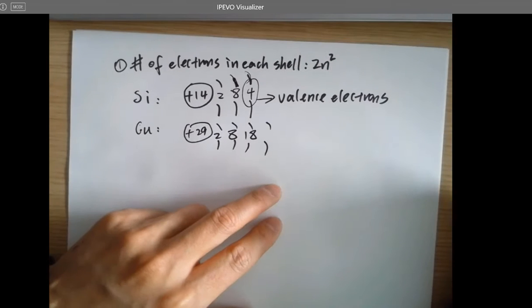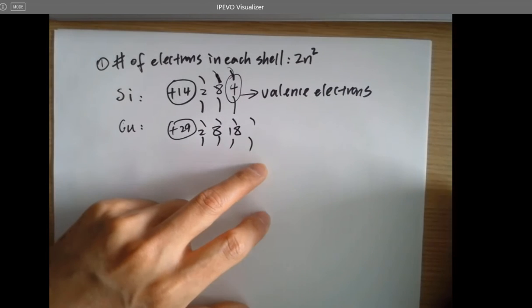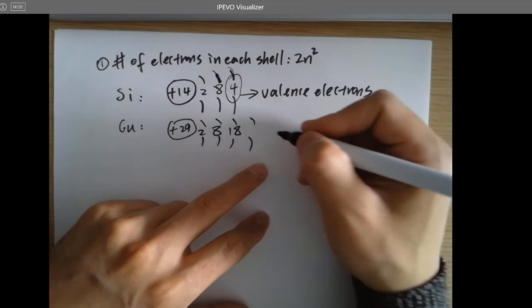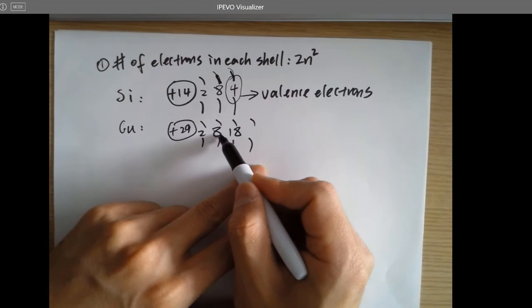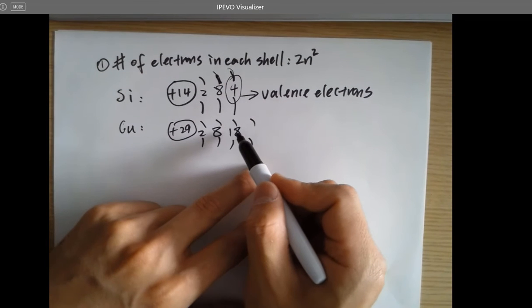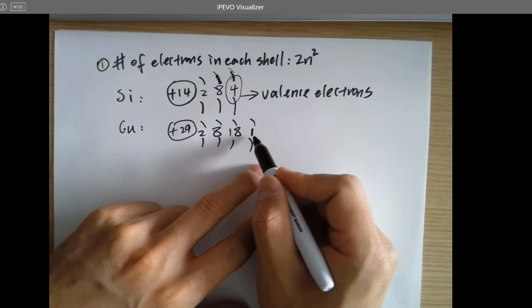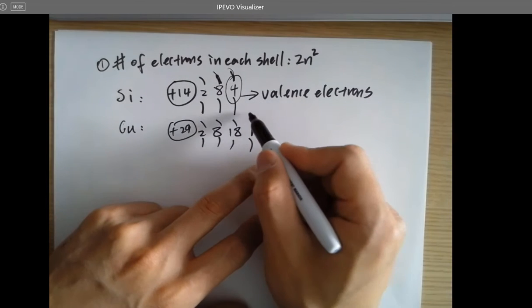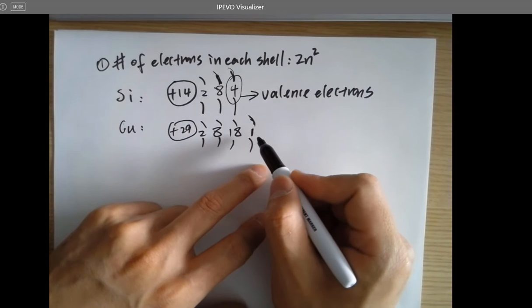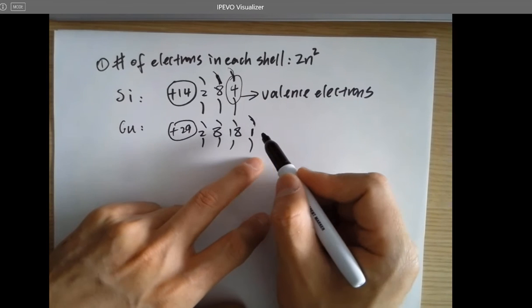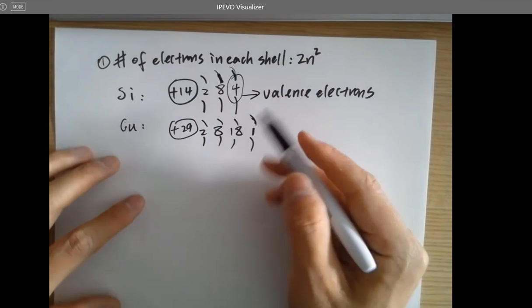What about the last one? Because 10 plus 18 will be 28, and it only has 1 left. So it only has 1 left as a valence electron, so it tends to lose it and becomes positively charged, right? So that's why it's a metal. So it's a conductor.